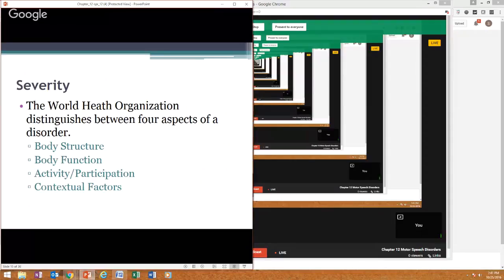The severity, according to the World Health Organization, sometimes known as WHO, distinguishes between 4 aspects of a disorder. Those 4 aspects are body structure, body function, activity and participation, and contextual factors. Body structure refers to the underlying anatomical aspects of a condition that impedes performance.